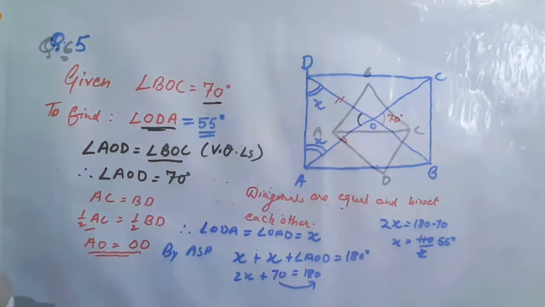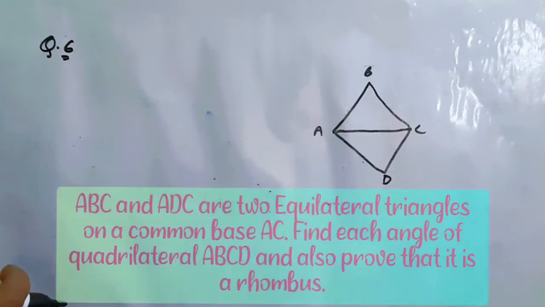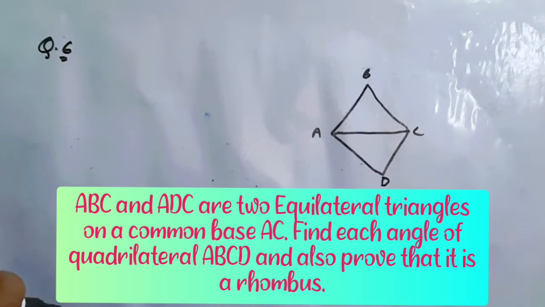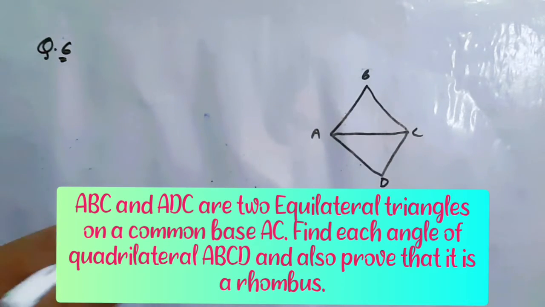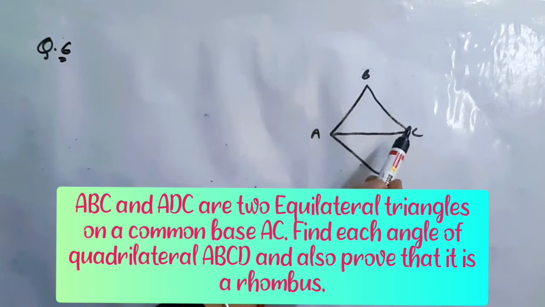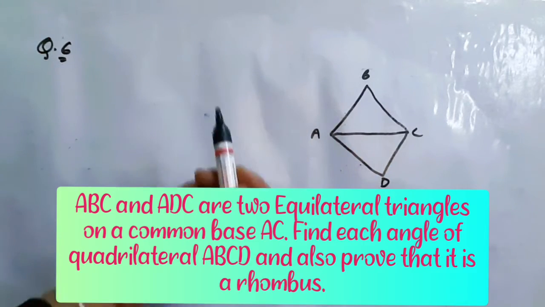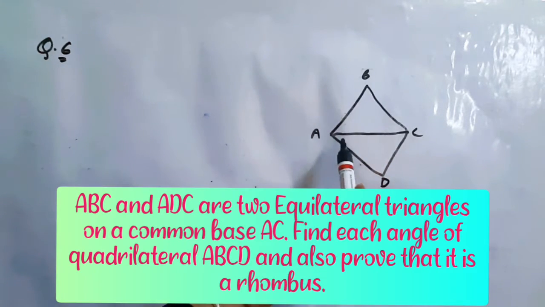Question number 6 is: ABC and ADC are two equilateral triangles on a common base AC. As shown in the figure, ABC and ADC are two equilateral triangles and their common base is AC. Then find the angles of the resulting quadrilateral so that it is a rhombus.